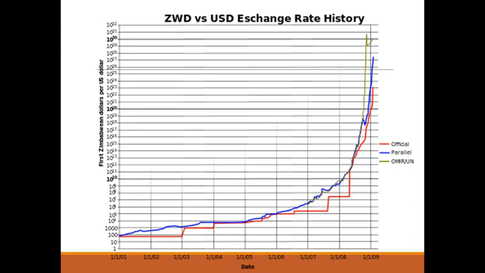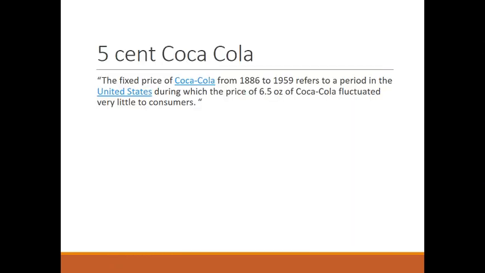To contrast that, we have here the story of Coca-Cola in the United States. From 1886 to 1959, a period of almost over 70 years, Coca-Cola cost 5 cents across the country.